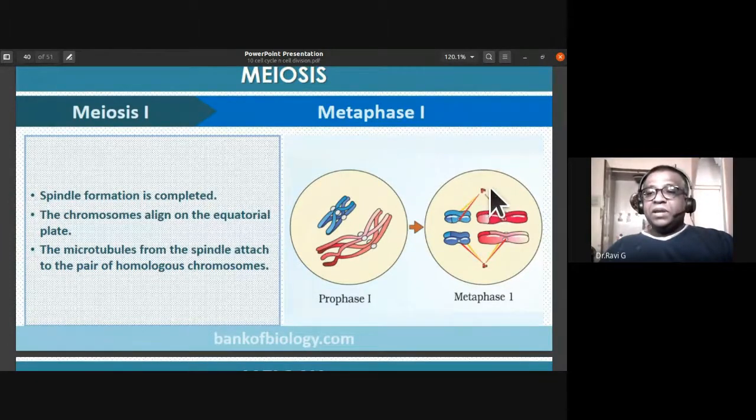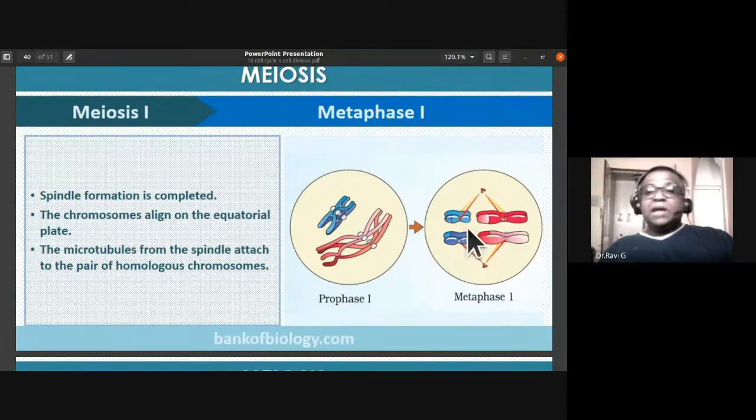The asters move towards the opposite poles and spindle formation is complete. You can notice that the spindle fibers are attached to the chromosome at only one side of the centromere. From both poles, the spindle fibers are attached to one of the chromosomes.